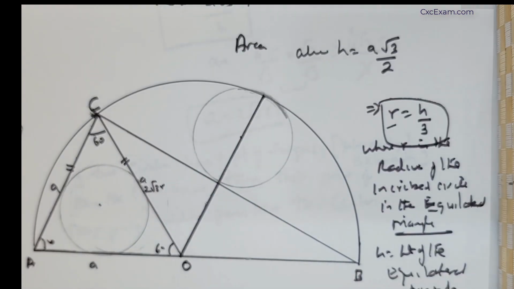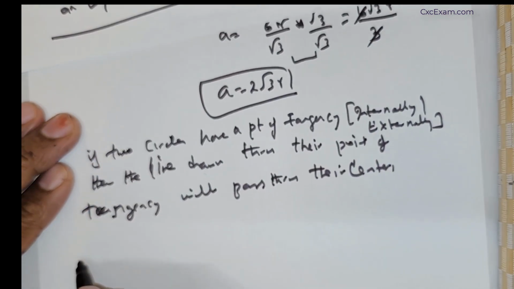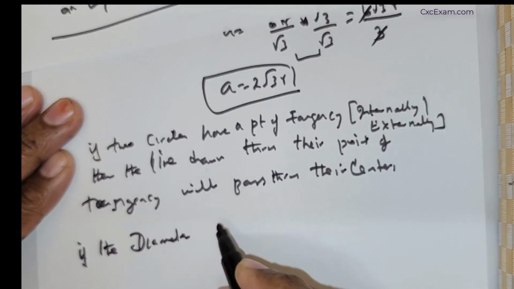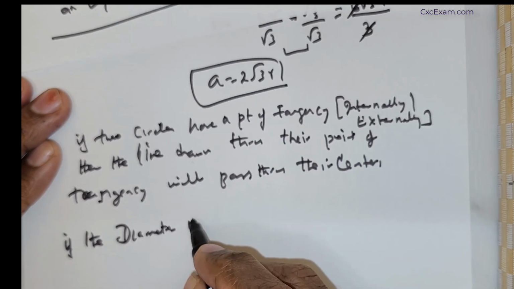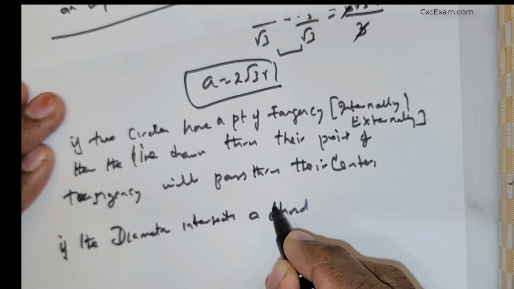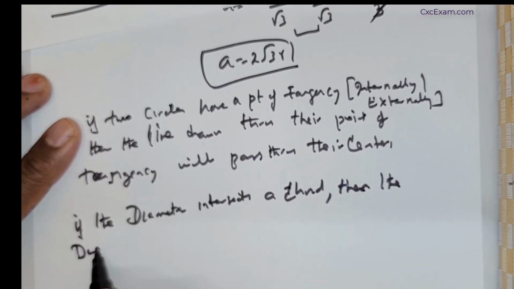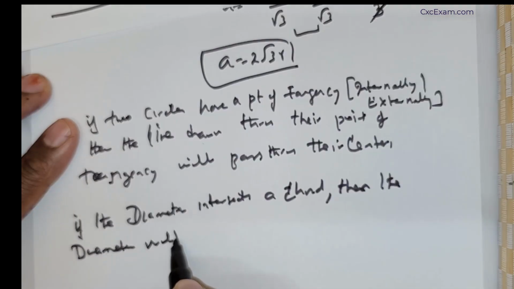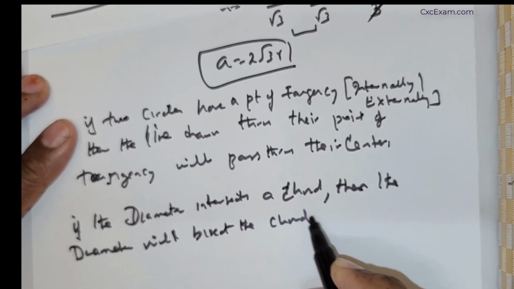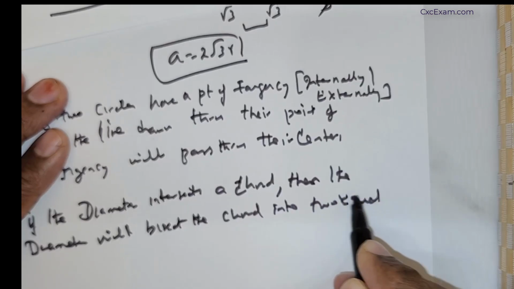Now there is another theorem. We can use another geometrical theorem. If the diameter intersects a chord, then the diameter will bisect the chord into two equal halves.